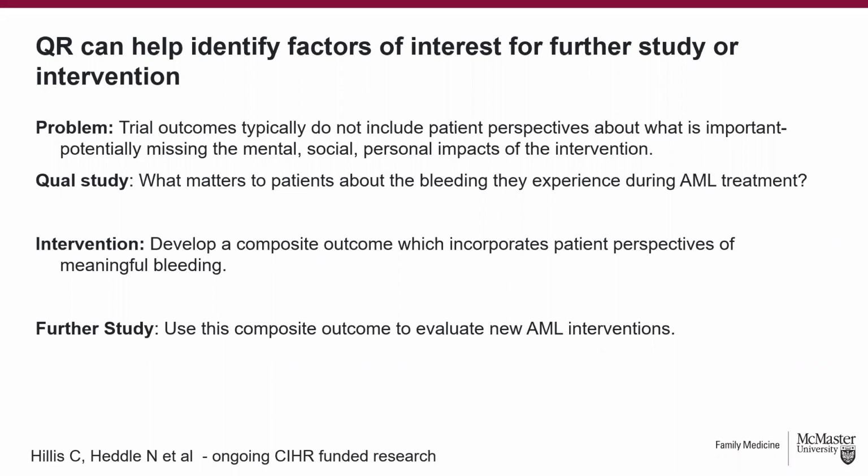And in particular, around acute myeloid leukemia, there's not a lot of patient perspectives about outcomes related to treatment for AML, particularly around bleeding. And so the entire project aims to develop a composite outcome which incorporates patient perspectives, but also incorporates clinical evidence and clinician perspectives.